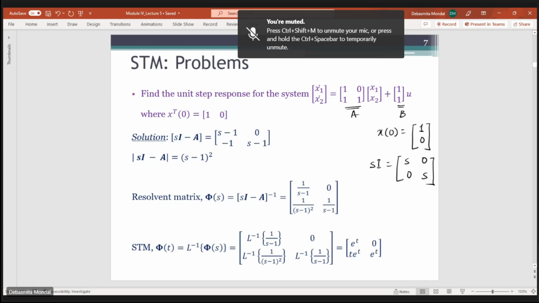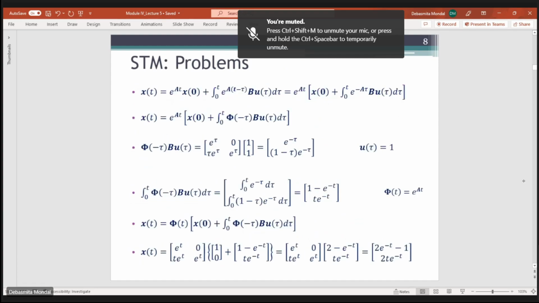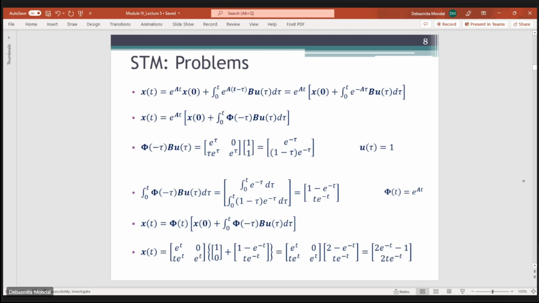Similarly, you can write this equation. This was the solution: x of t equals e to the power At x0 plus the integral from 0 to t of e to the power A(t minus tau) B u(tau) d tau. This is the expression which we had derived.